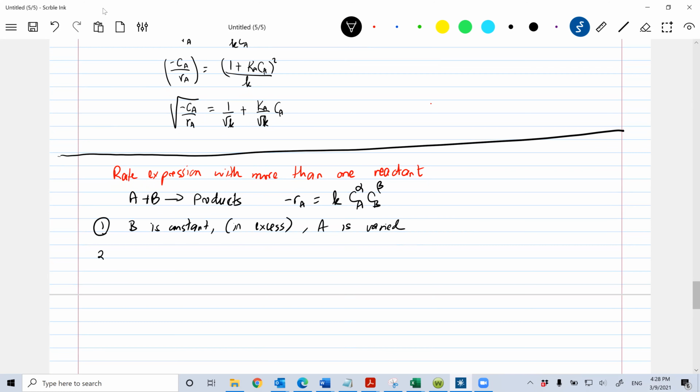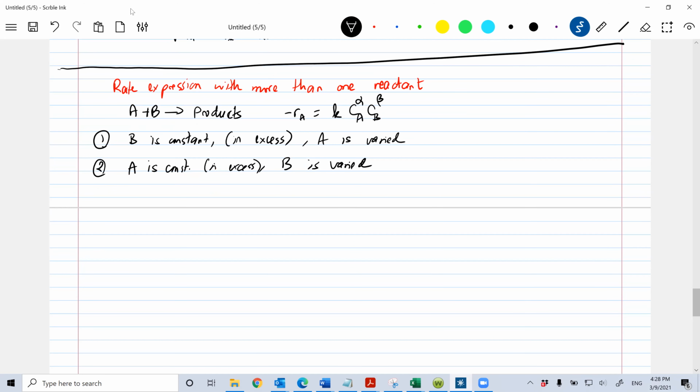Actually, that's all you need. You can also look at experiments where A is constant, if they exist, and B is varied, but you don't actually need it.